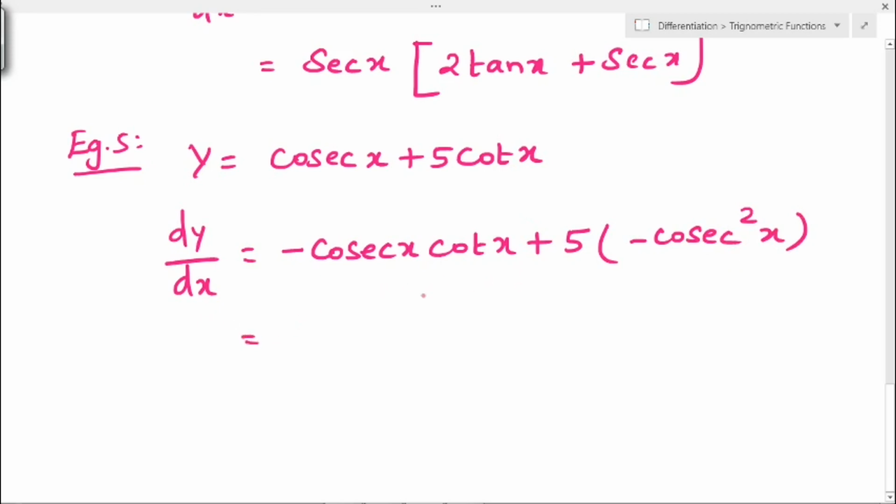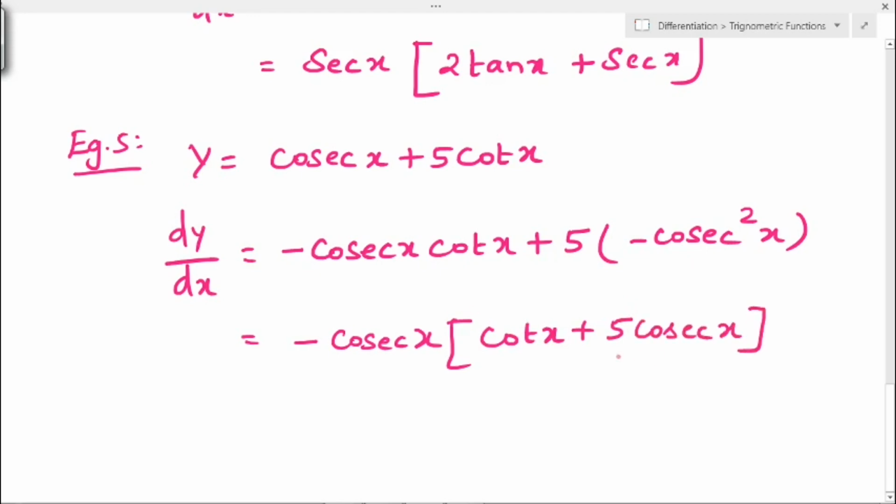So in both the terms we have minus common and cosecant x common, so I am taking it out. So the remaining value in the first term is cot x, and here we have plus 5 into, already minus is taken out, so the remaining value is cosecant x, because already one cosecant x is taken outside. So we have 5 cosecant x. So the answer is minus cosecant x into cot x plus 5 cosecant x.